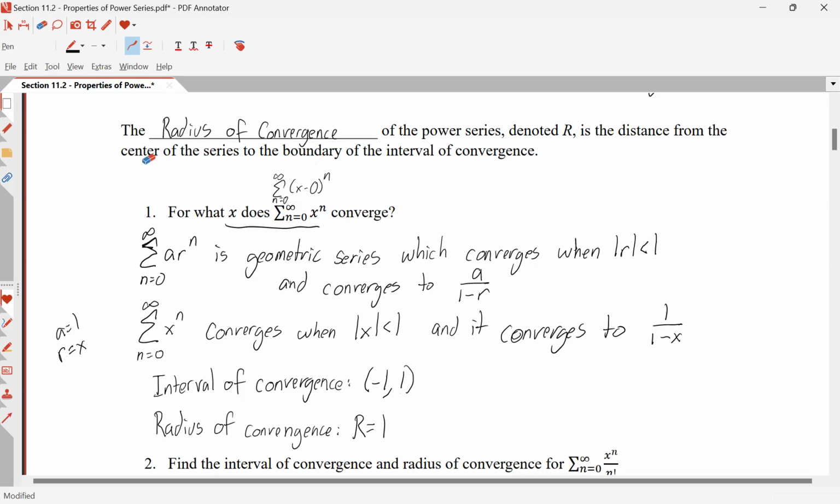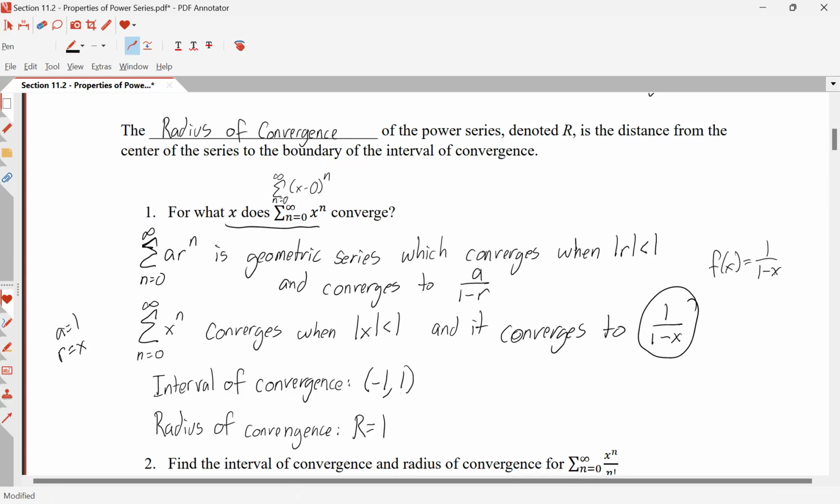Some other things to note about this first power series: when we talk about what it converges to, that is not just a single number. That is a function, the function f of x equals 1 over 1 minus x. So a power series is going to converge to a function. And we'll talk more about the functions it'll converge to.